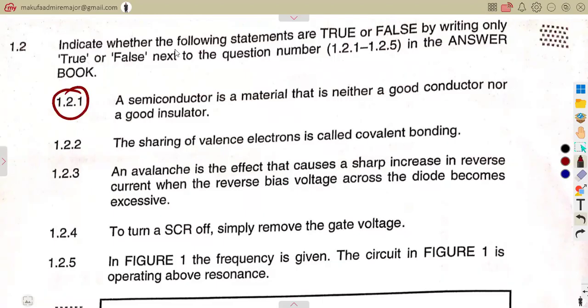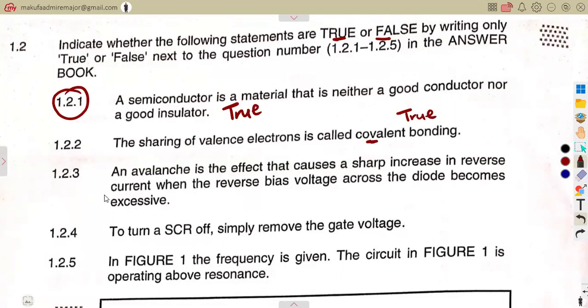1.21, we are given: indicate true or false. A semiconductor is a material that is neither a good conductor nor a good insulator. That is actually true. This is the definition of a semiconductor. The sharing of valence electrons is called covalent bonding. That is also true.